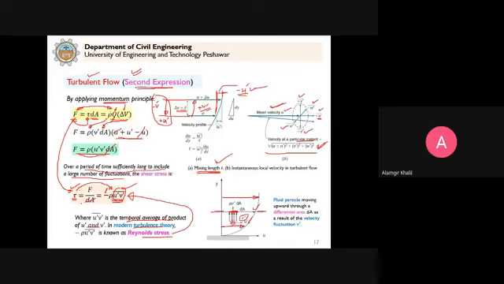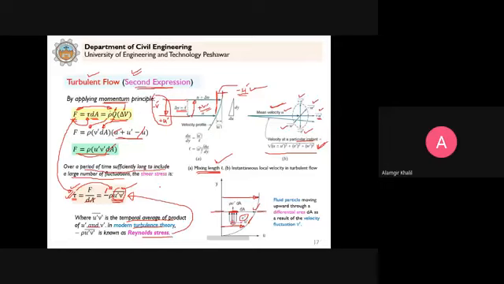That is why, for example, if you study the Indian books, they do not write down this negative sign. They will just write down rho into U dash V dash bar equal to this total shear stress. But we need to write down this negative sign to make the sense correct, so that this product is correctly represented.